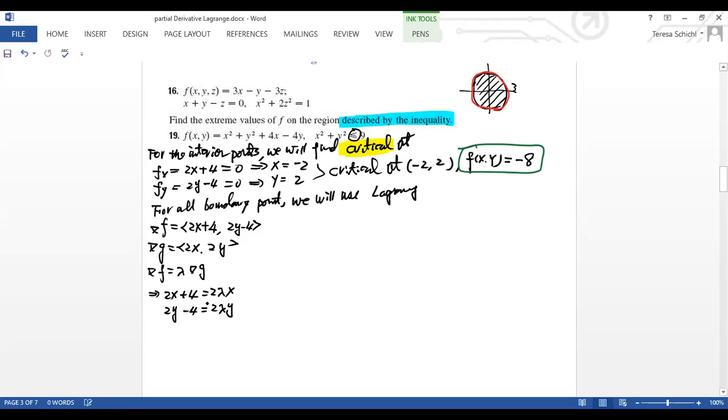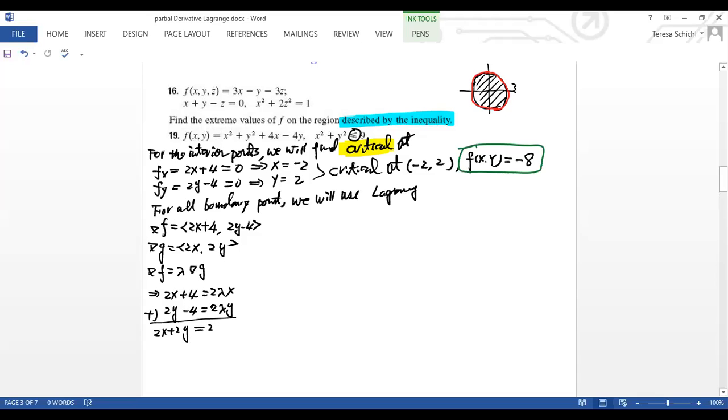Oh boy, let's see how do we solve it. Hey, here's a plus and a minus, so let's add them up to see what we have. I have 2x plus 2y equal to 2 lambda x plus 2 lambda y. That's pretty good.